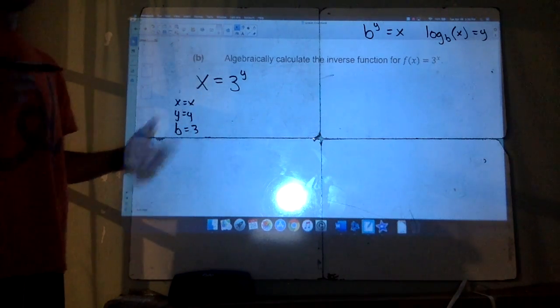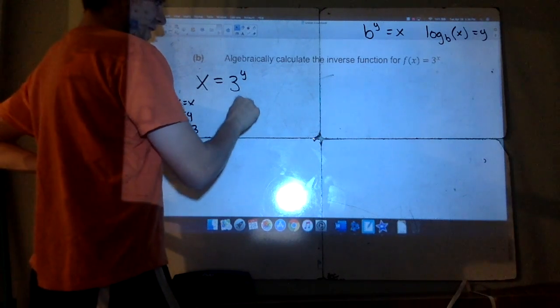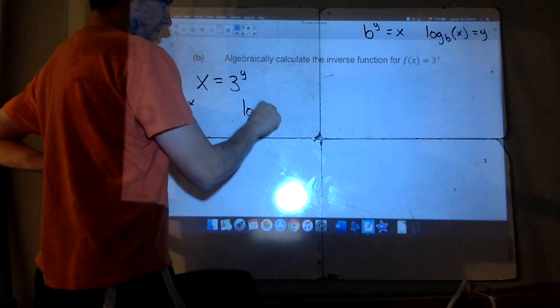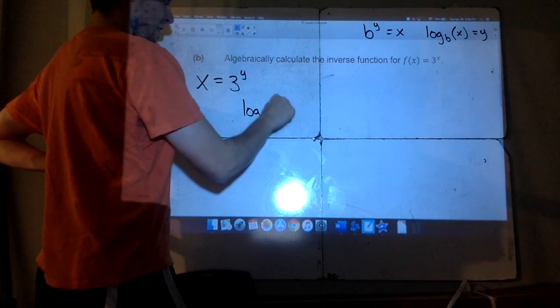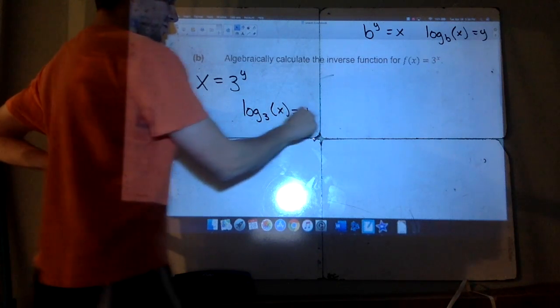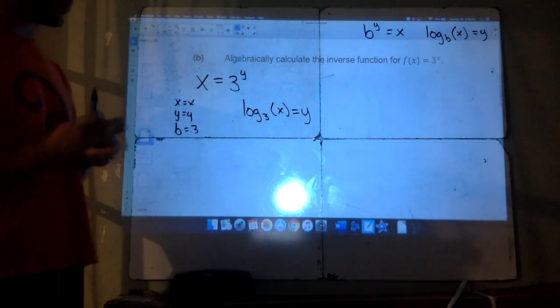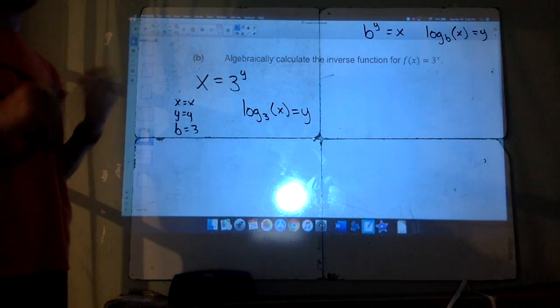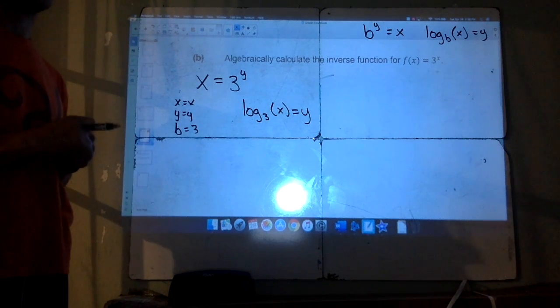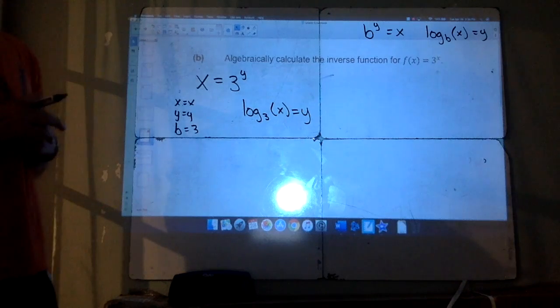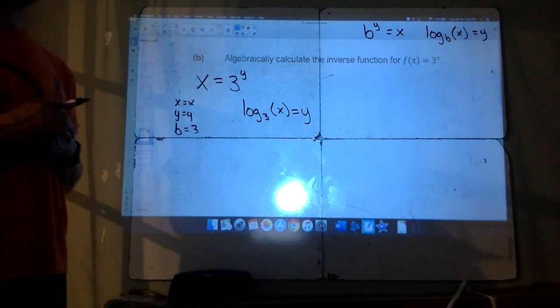So we can rewrite this as log base 3 of x equals y. That is the equation of that curve we graphed, and that's the equation of the inverse. So just using that rewriting skill like we did.